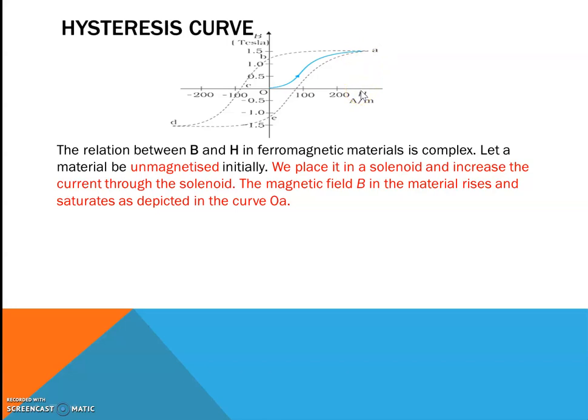After this, if you increase the H, B, that is magnetic field induction, does not increase. So this is called saturation value of magnetic field induction at any specific value of H. It is denoted by curve OA.